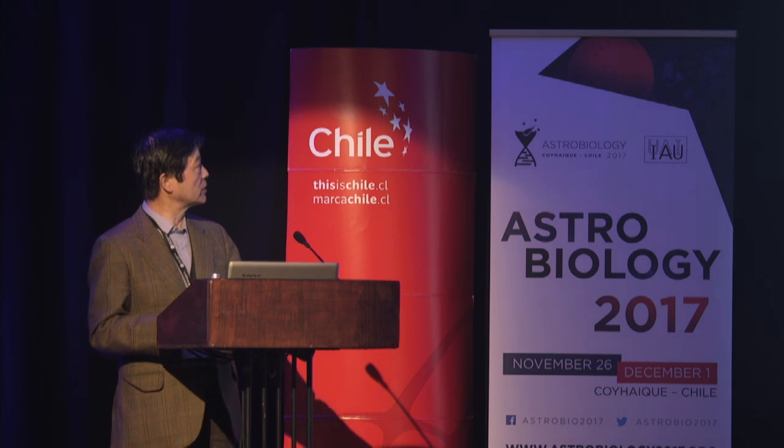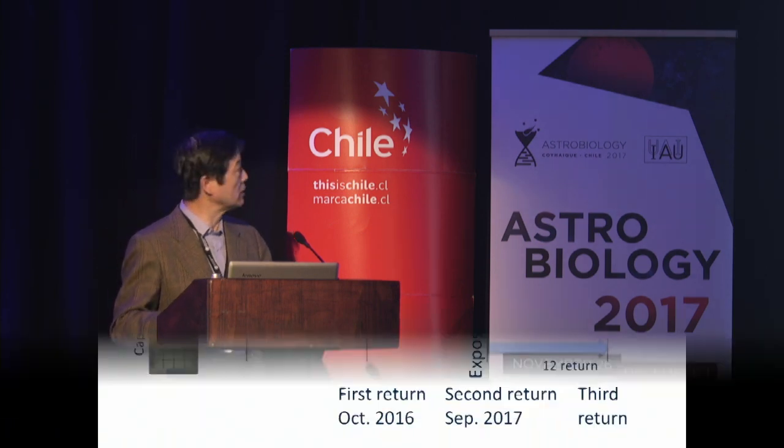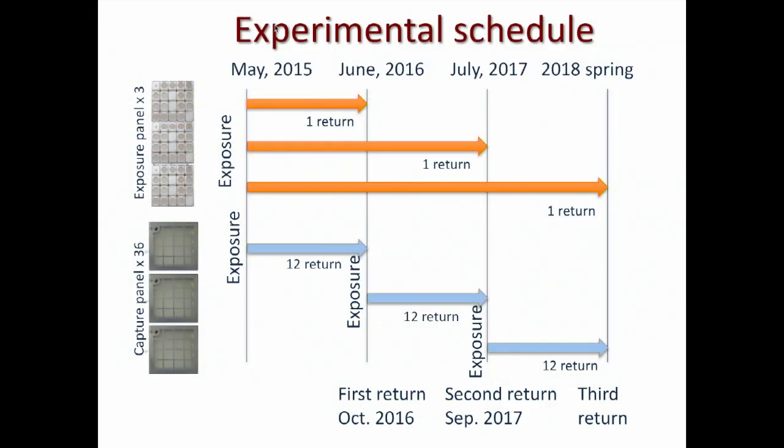And this is the experimental schedule of our procedure. We launched all of the apparatus needed for our experiments in May 2015. Three of the exposure panels were deployed at the same time.